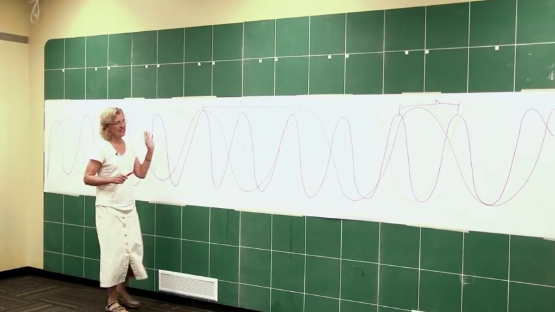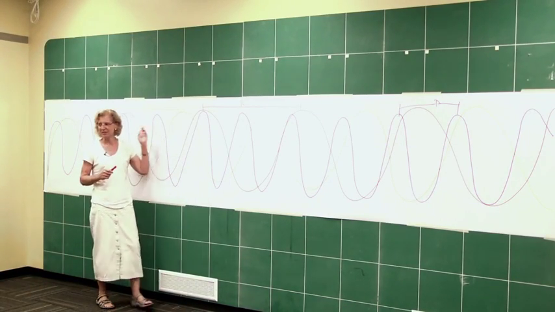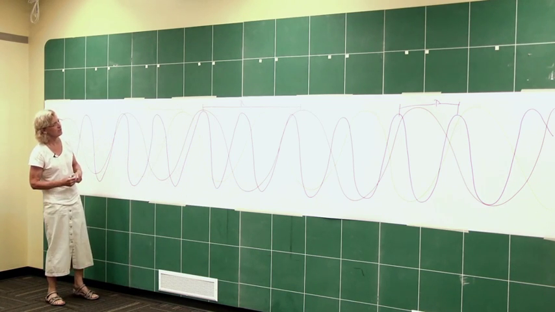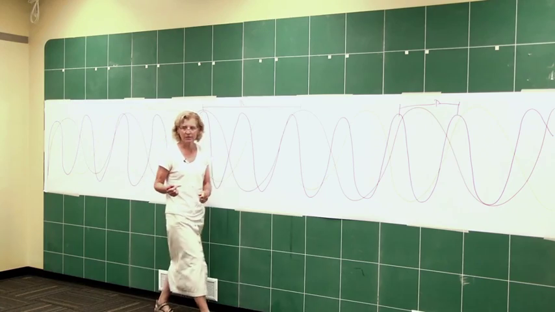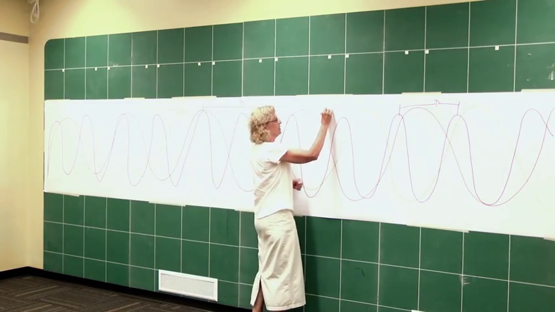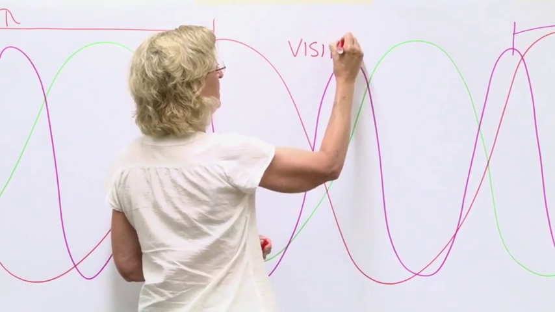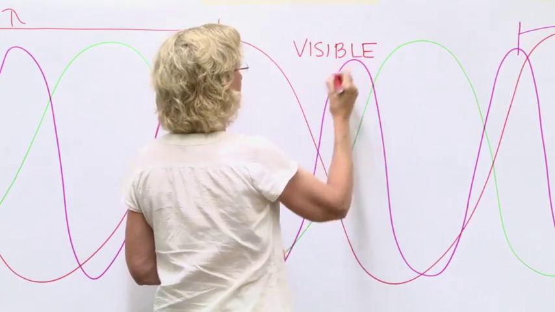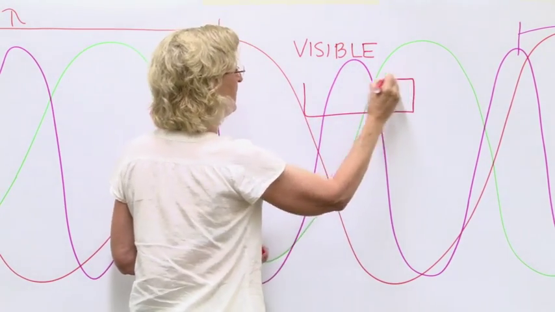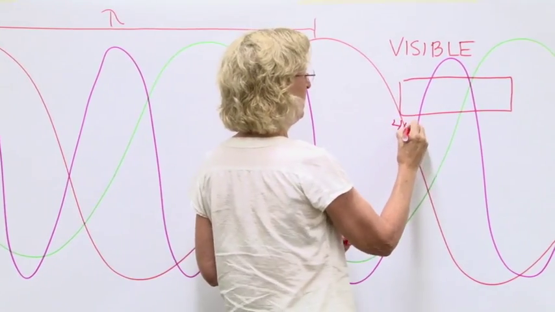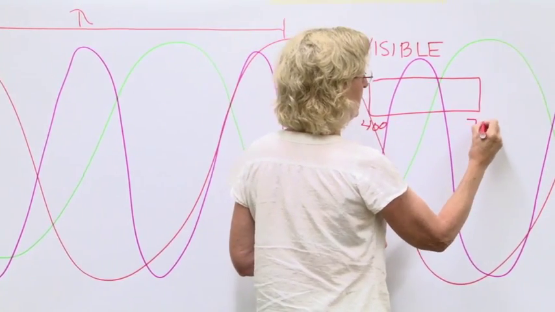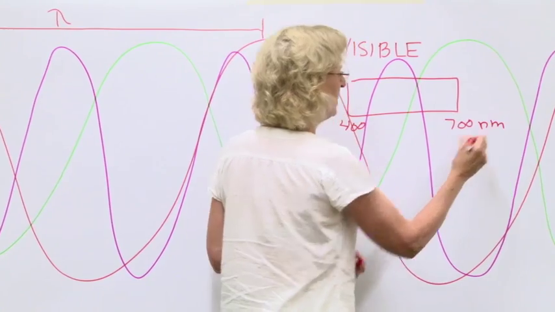So you can see that different wavelengths of light exist, okay? The light that we can see is called visible light, okay? So this is visible light. And visible light has a wavelength, how long it is, this lambda, from about 400 to about 700 nanometers, okay?